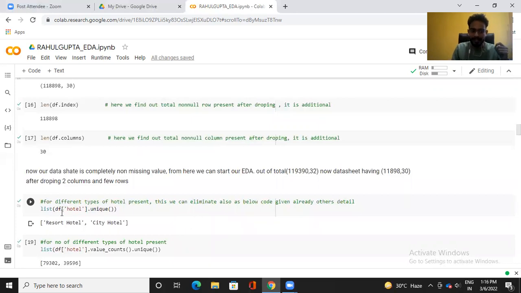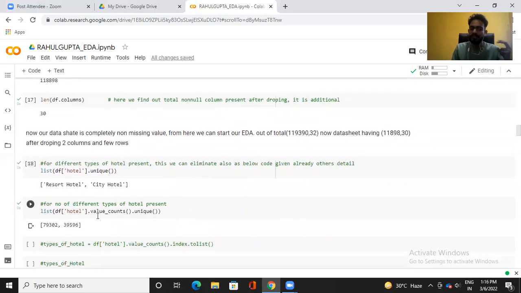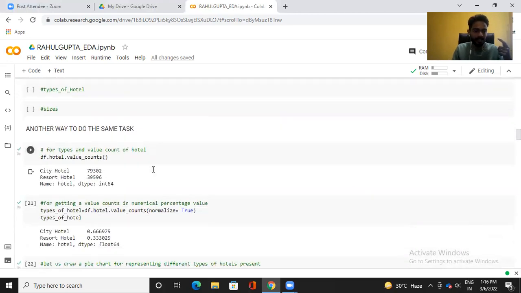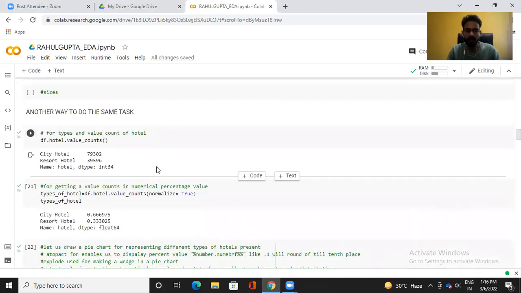After that I used df.hotel.unique, and I saw that there are two types of hotels, resort hotel and city hotel, by using the list command. Then I used df.hotel.value_counts.